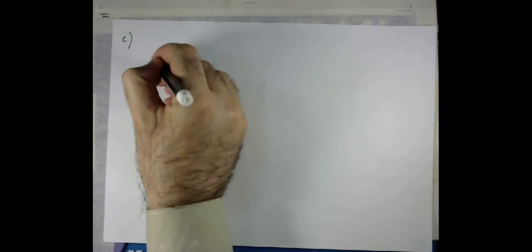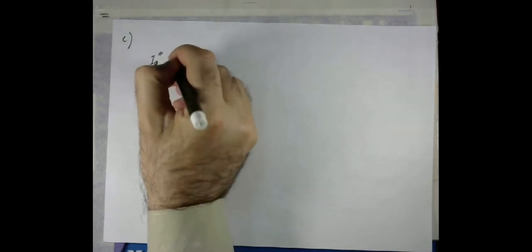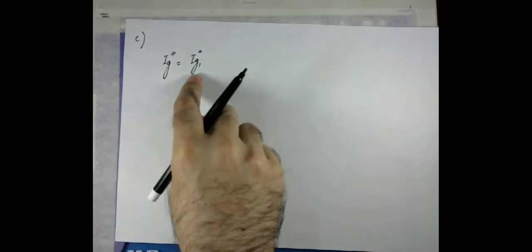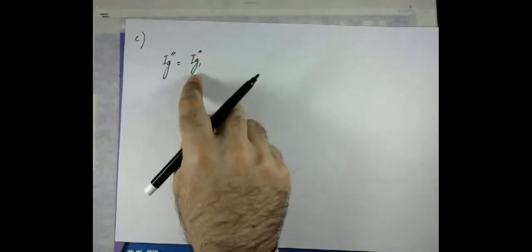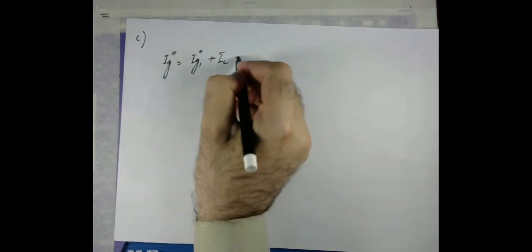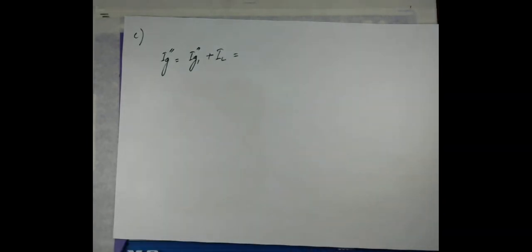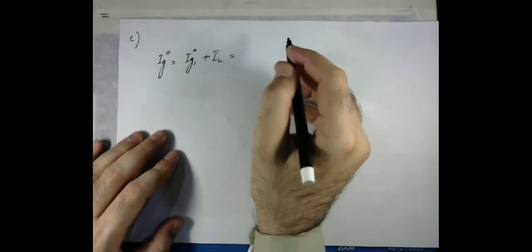So the subtransient generator current will be equal to Ig1, that is the current we have determined from the Thevenin equivalent network, plus the load current, because the two directions of the current support each other. So that will become, I mean, you can add these values. So let me add the values.